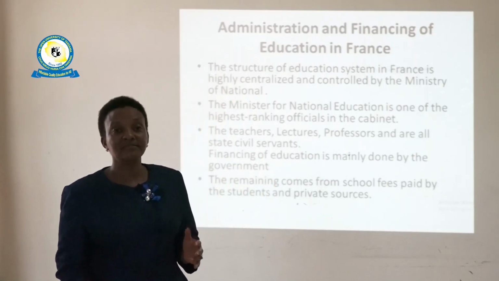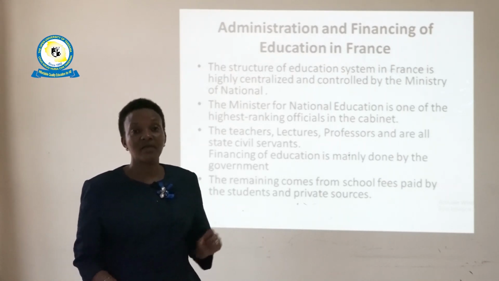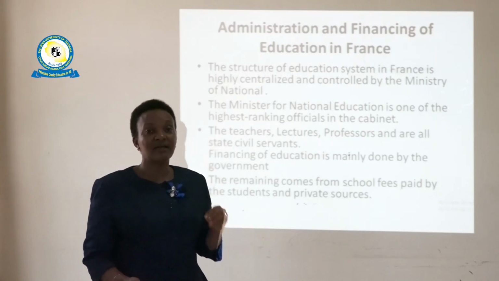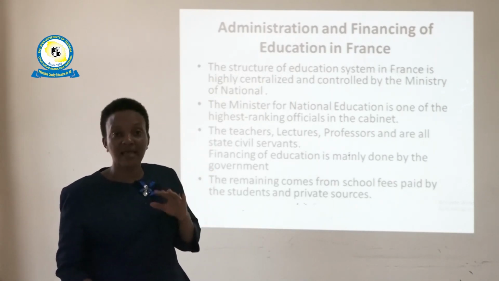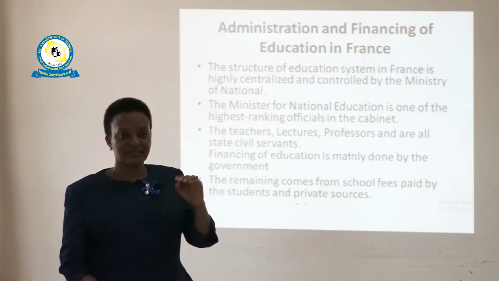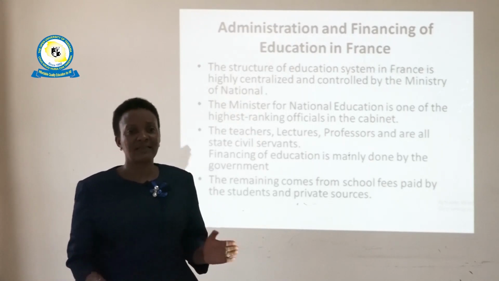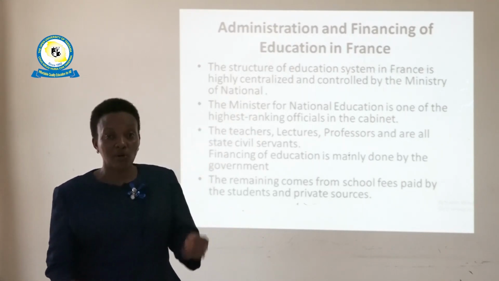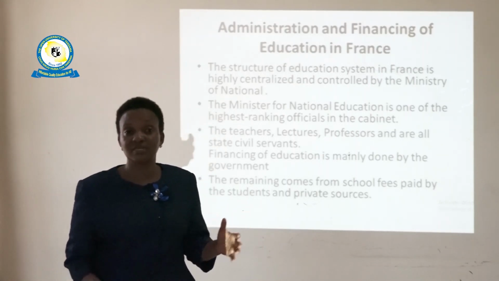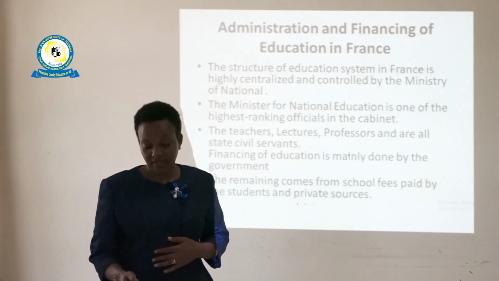There is kindergarten, primary education, secondary and higher education in France. The control is under the government. It is highly centralized. The finance is done by the government, but at the same time, the school fees may be paid by the students, and the private sources help in the financing of education in France.